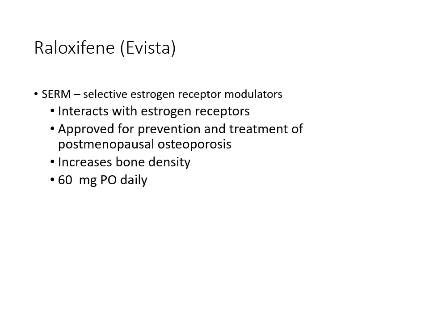The next one is Evista, the selective estrogen receptor modulator. It interacts with estrogen receptors, and is approved for prevention and treatment of postmenopausal osteoporosis. It is meant to increase bone density, and the usual dose is 60 milligrams orally daily.